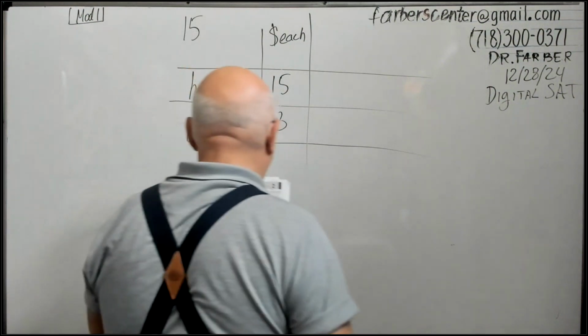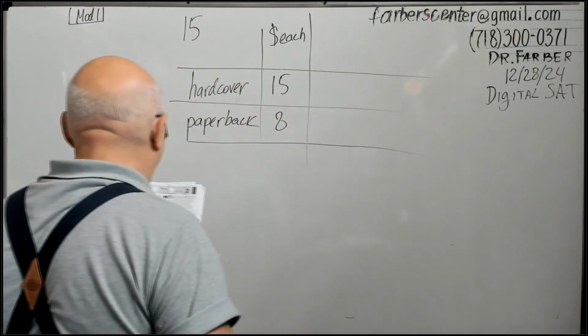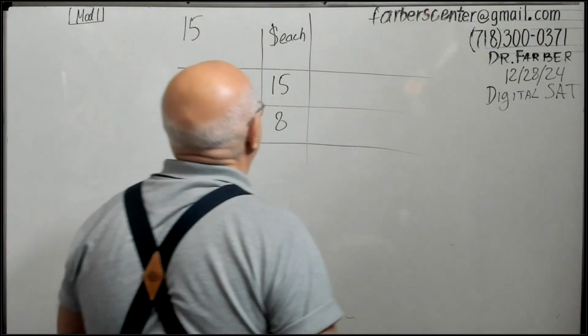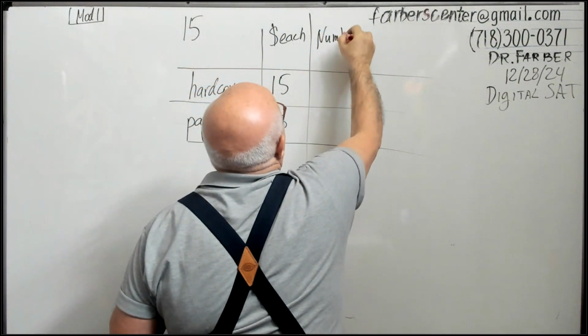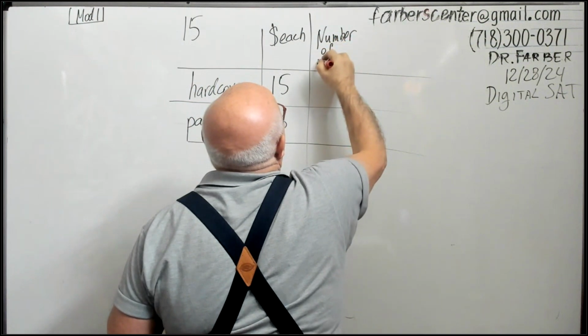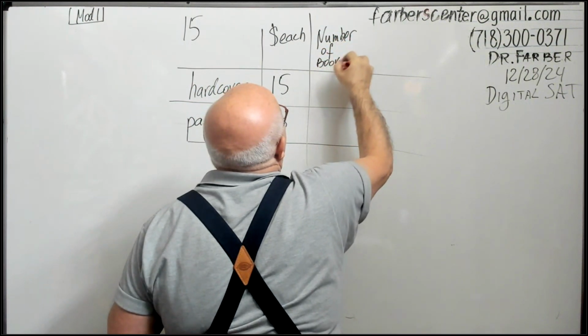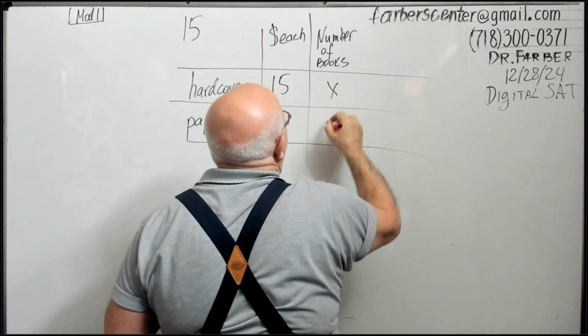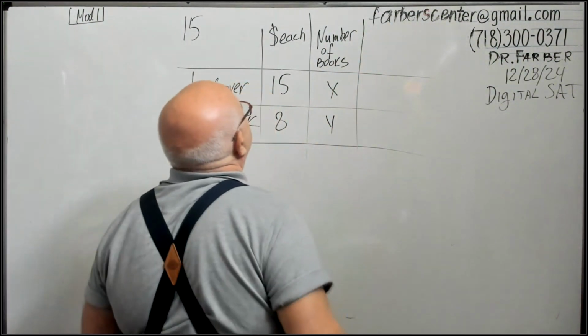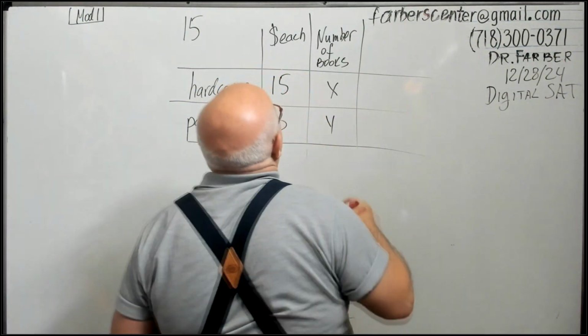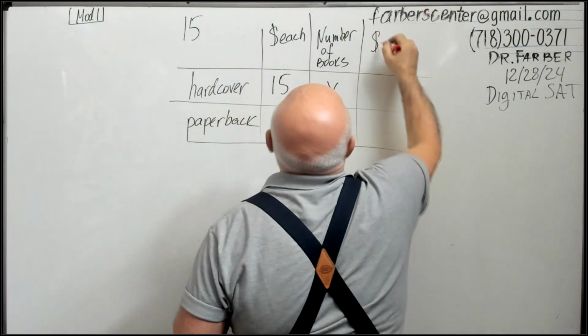The next they said, if X represents the number of hardcover books, and Y the number of books of each type.